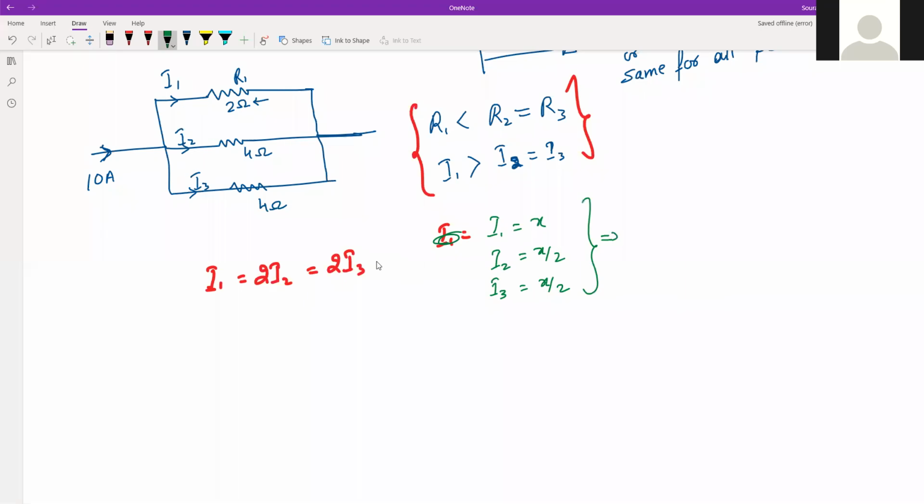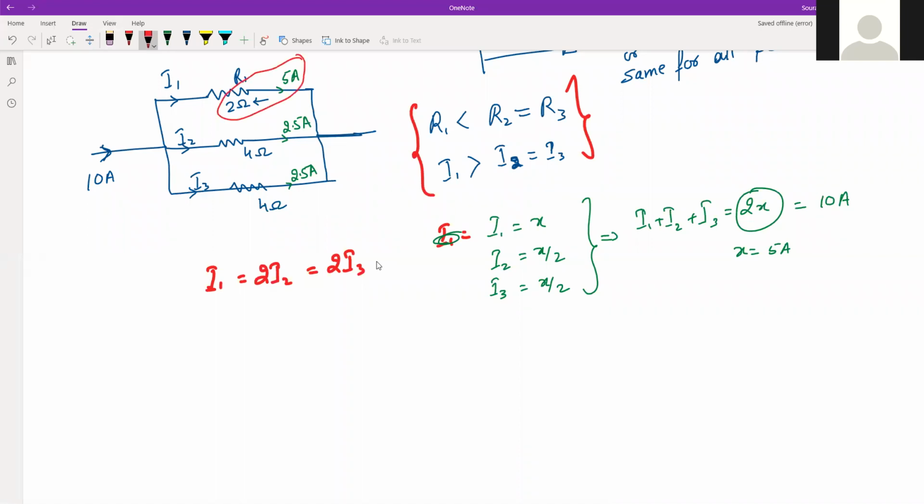What does it mean? I1 plus I2 plus I3 is equal to 2X. But this total current is equal to 10 amperes. That means X is equal to 5 amperes. So here the current flowing is 5 amperes, here it will be 2.5 amperes, and here also 2.5 amperes. Done. Now what is the potential drop here?